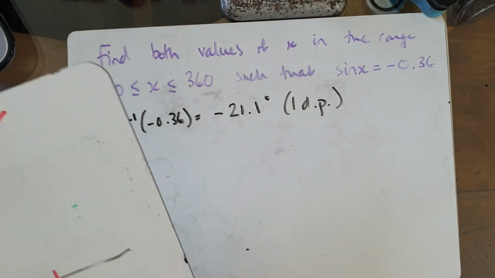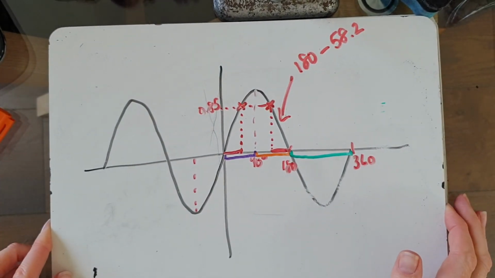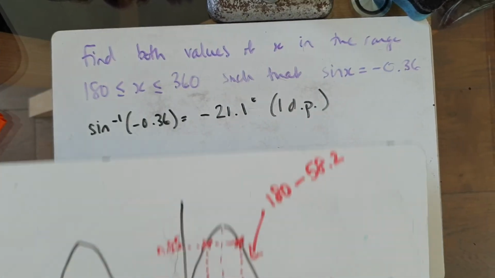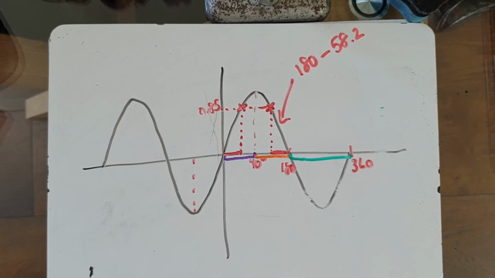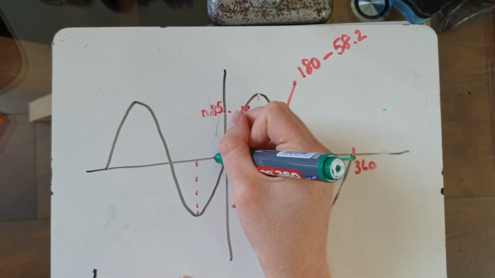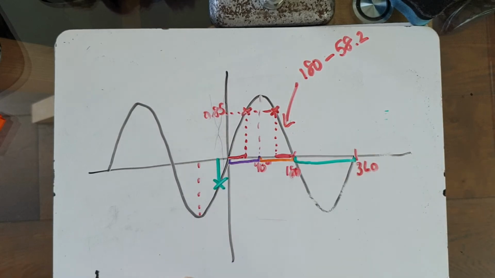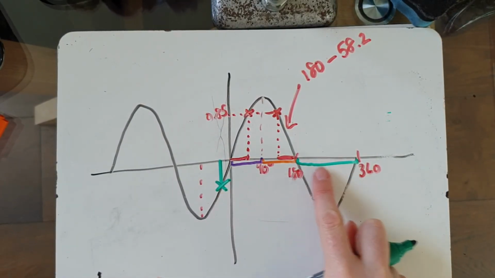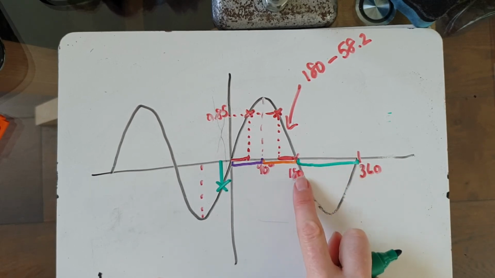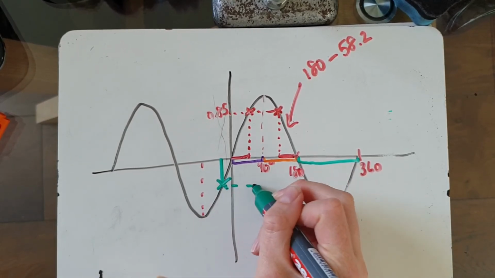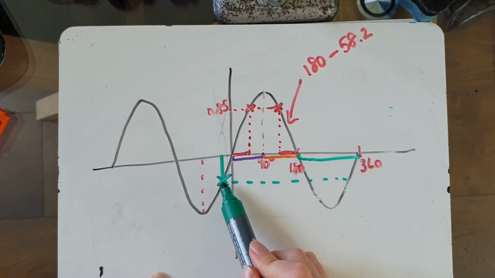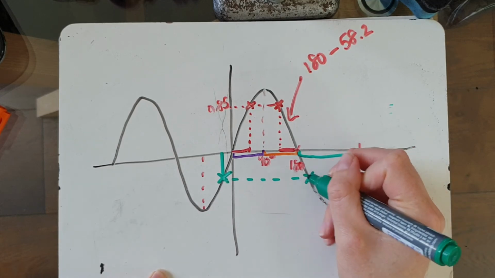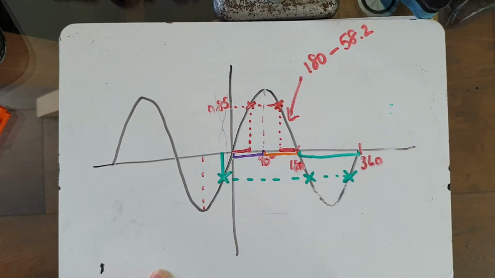Let's have a look at how. So we have got negative 21.1 degrees. So negative 21.1, that's about here. So this is the value of x our calculator's given us. But that's no good because we want values in between 180 and 360. So if we have a look at where else sine x is going to equal this value, it would be here and it would be here.